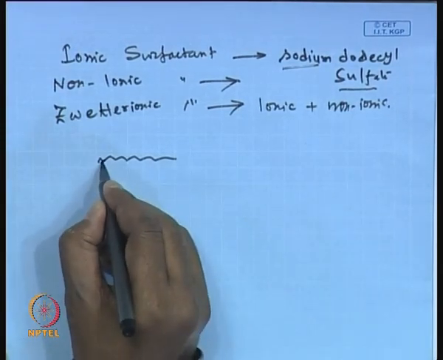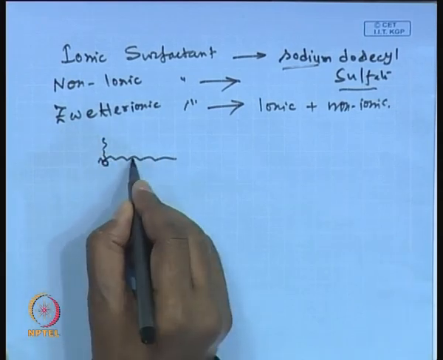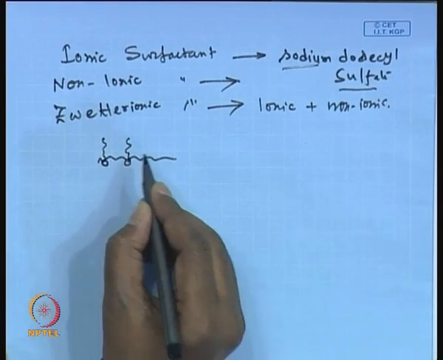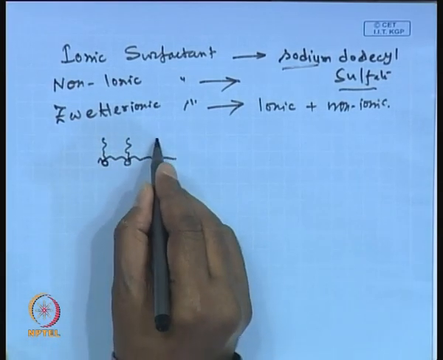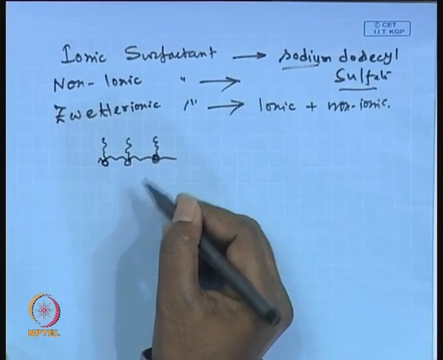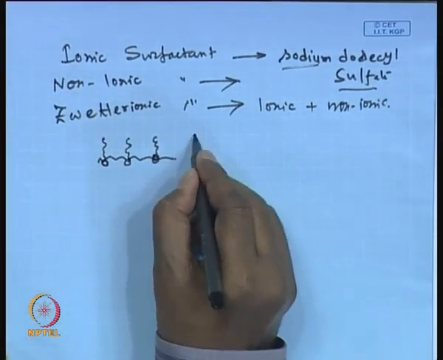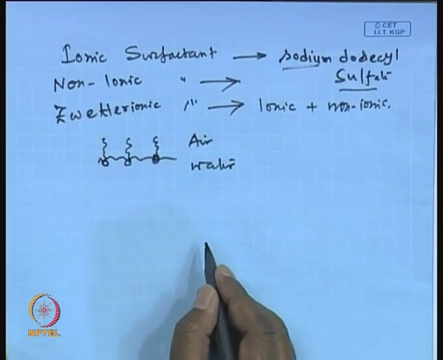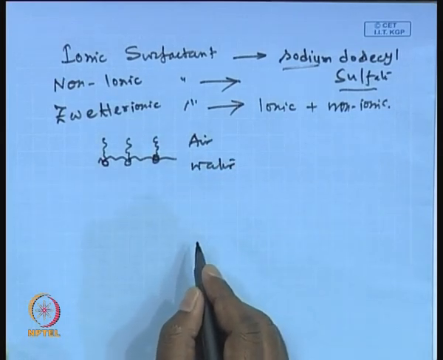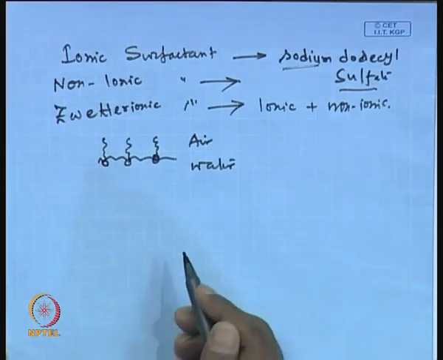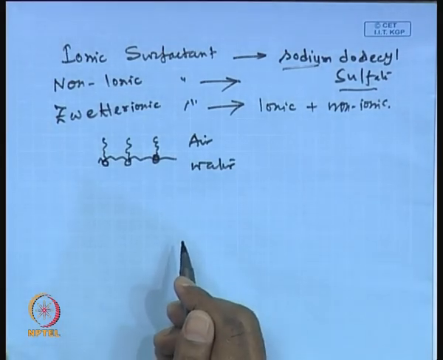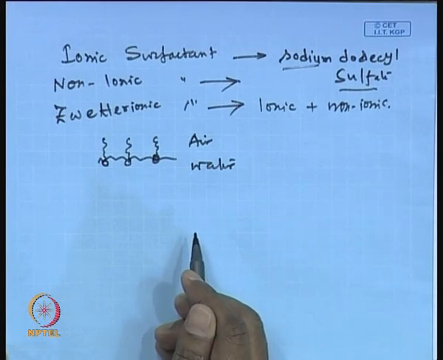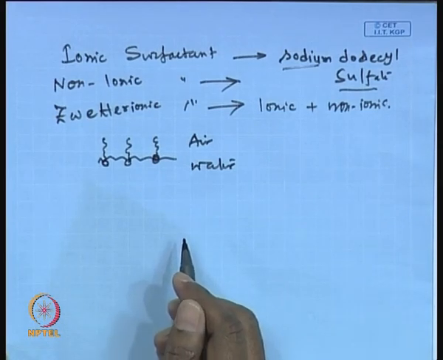So, they will be aligned at the surface, pointing the head towards the solution and the tail away from the solution, towards the air. Therefore, surfactant molecules align themselves across the air water interface, pointing their hydrophilic head towards the water and their hydrophobic tail towards the air.